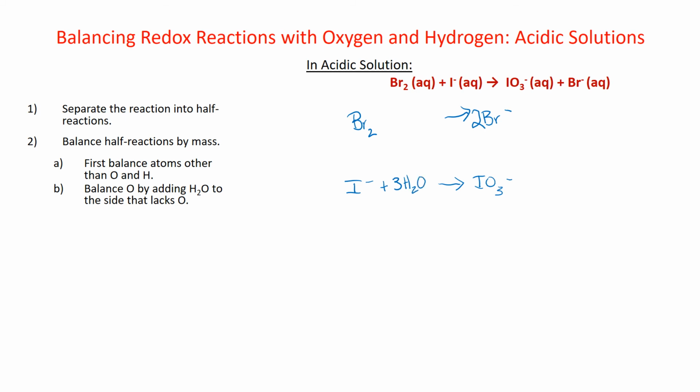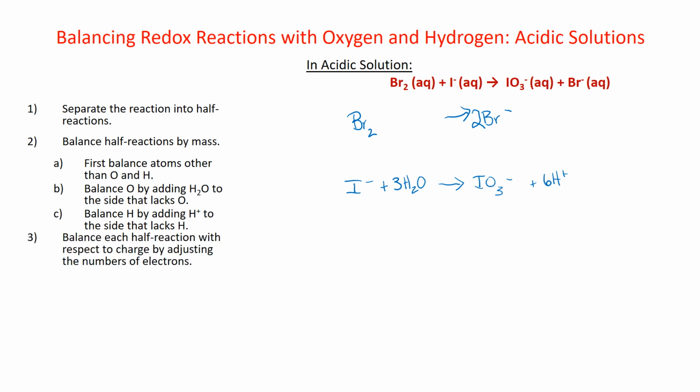And of course, I have just added hydrogen, so I'll have to add something to account for that as well. Since this is an acidic solution, we can add hydrogen ions, and I can add it to the side that needs hydrogen. So I've added 6 hydrogens to the left. I'm going to add 6 hydrogen ions to the right. And now both of my half reactions are mass balanced.